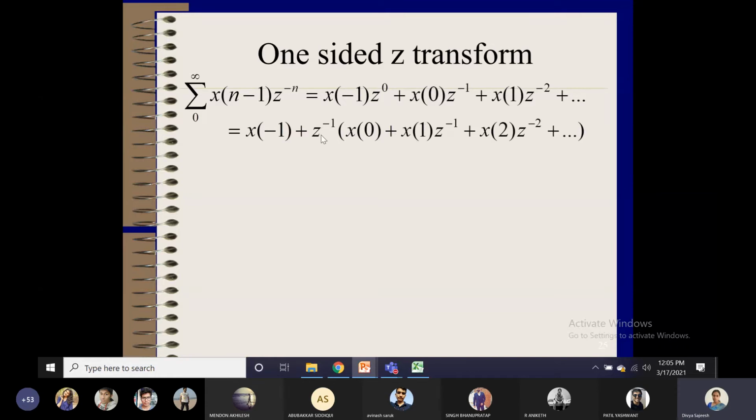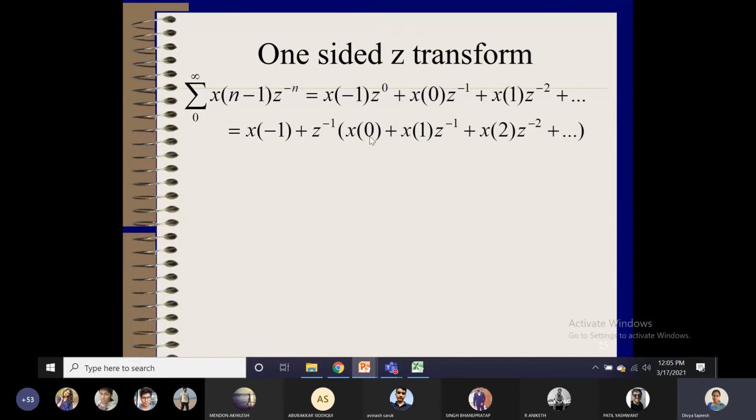If I take it out, the first term will be x of 0. For the second term, if I take z minus 1 out, left out is z minus 1, plus x of 2, and the next term will be z raised to minus 2. Like that it will extend. So let us see what is there inside the bracket.